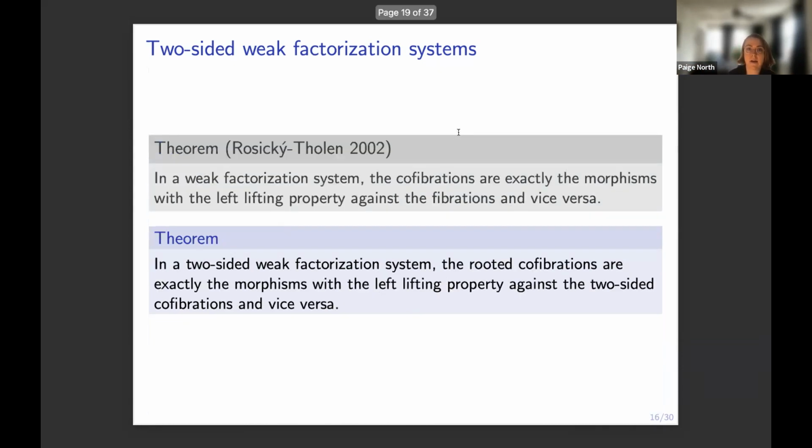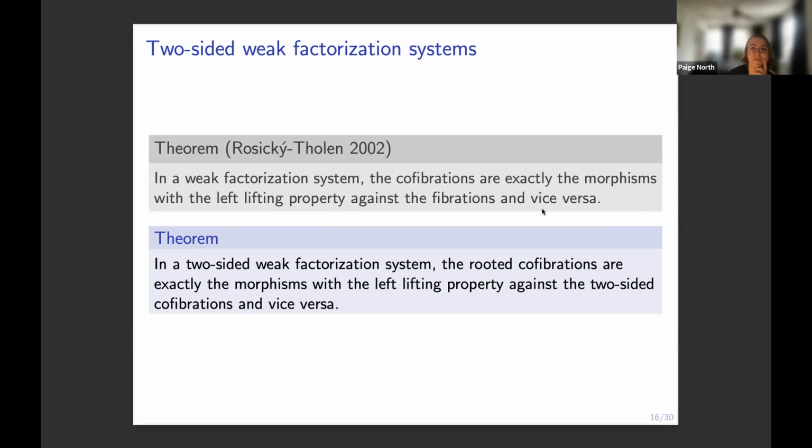Okay. So again, we have a nice theorem by Rosicki and Tholen where they show that in a weak factorization system, if we define it in the way that I defined it, which is a little bit unusual, then we can prove that the cofibrations are exactly the morphisms with the left lifting property against the fibrations and vice versa.